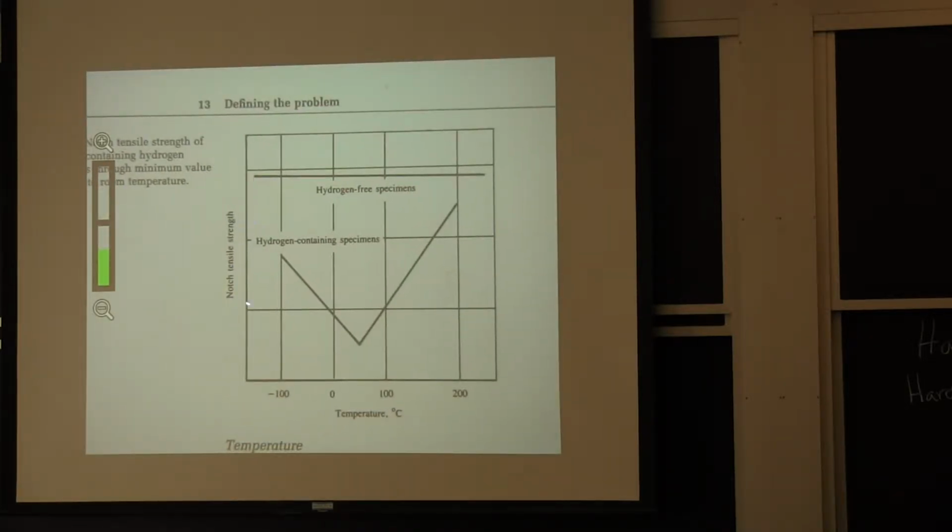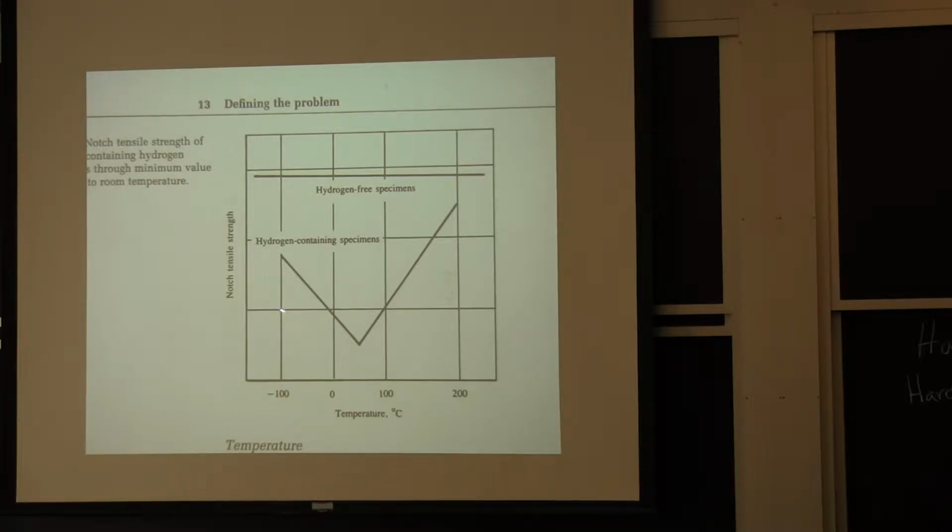If I take a notched specimen like this and I apply a stress and I look at different temperatures and I have a hydrogen-free specimen, this is strength, megapascals, yield strength. I'll give you some numbers on another graph. And I look at hydrogen-containing specimens, right around room temperature is where I get the fastest cracking, okay? Or the cracking at the lowest stress.